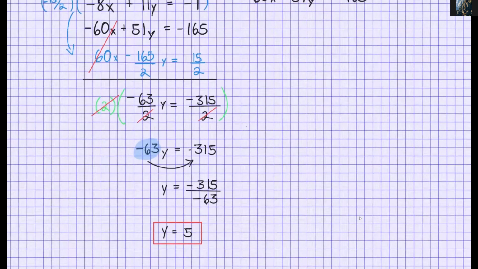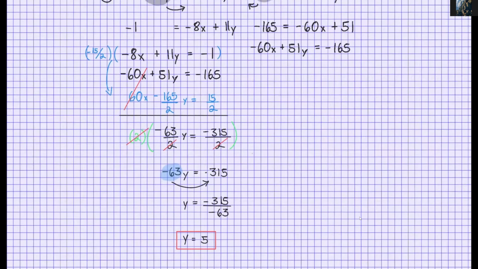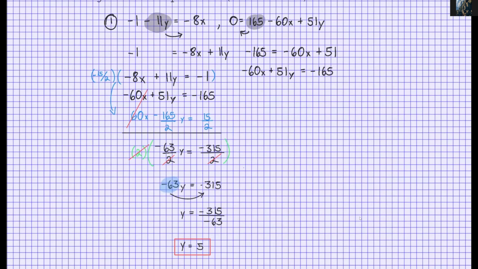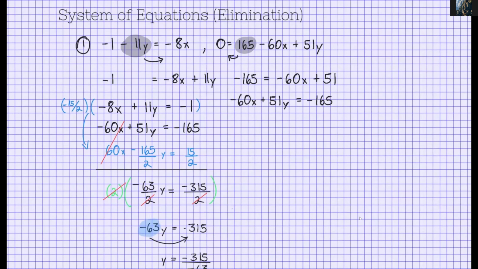So now it's just a matter of selecting one of the original equations, the one you like the most, to substitute this number 5 in here and come up with the value for the x variable. Now, I think I'm going to use this one, since it has smaller numbers. So negative 1 minus 11y equals negative 8x.